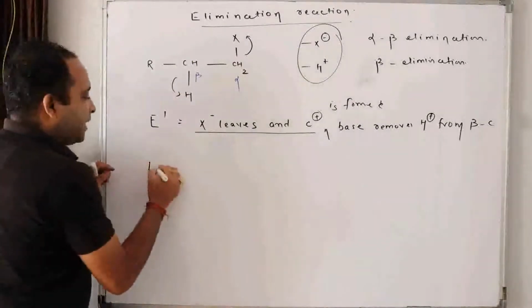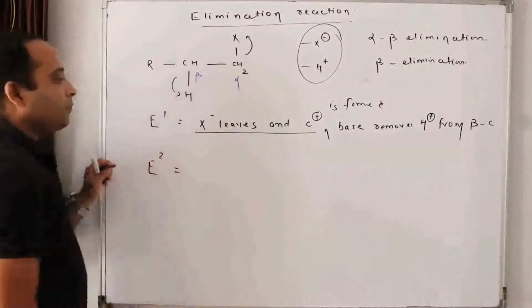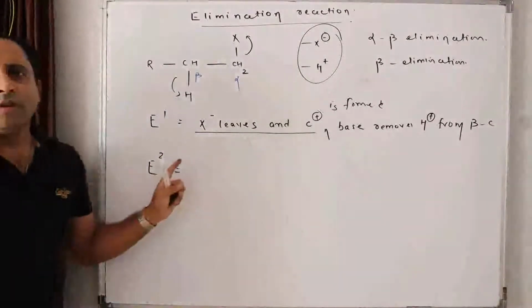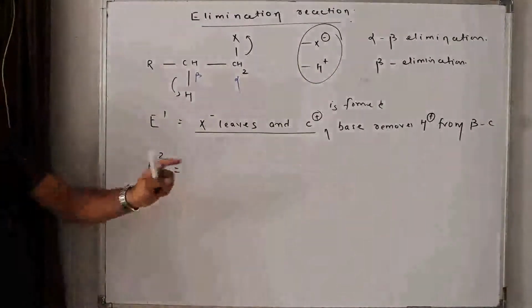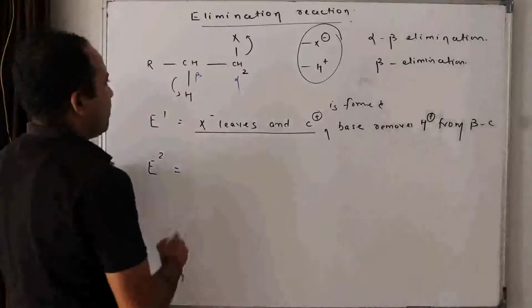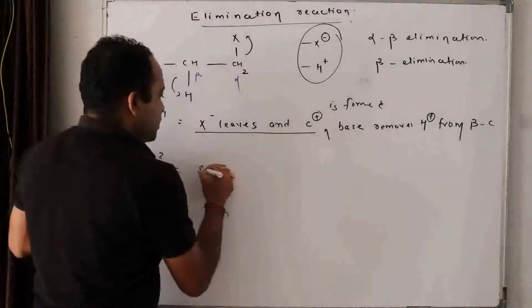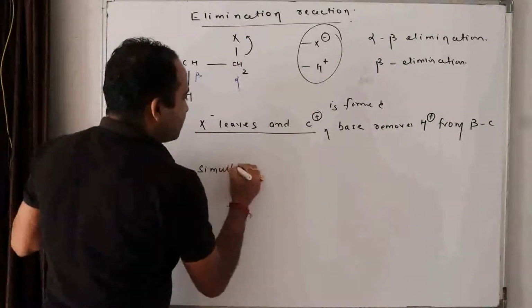The second variety is E2. What is this E2 mechanism?